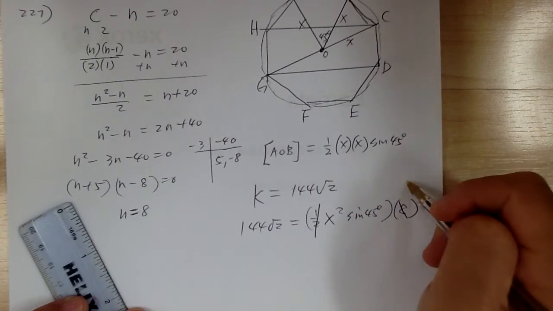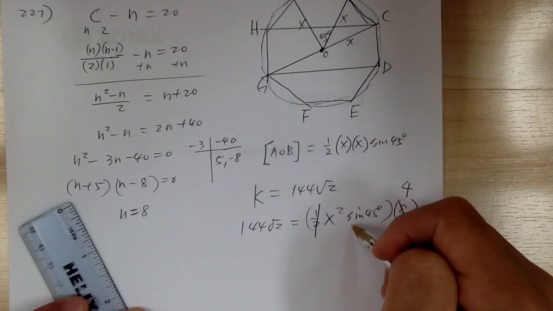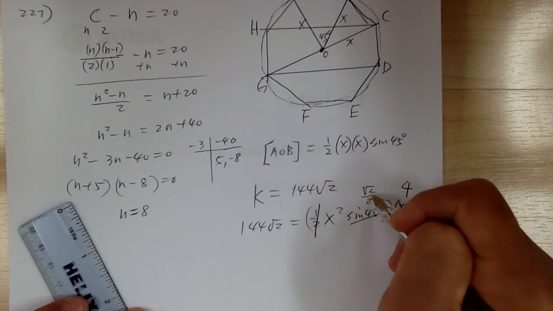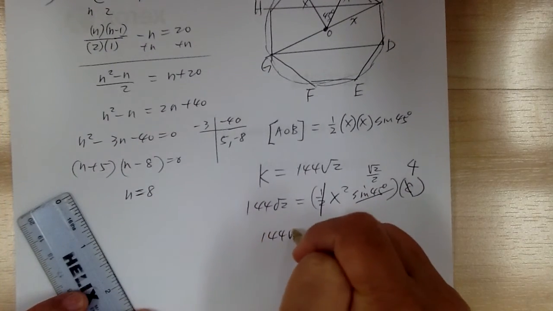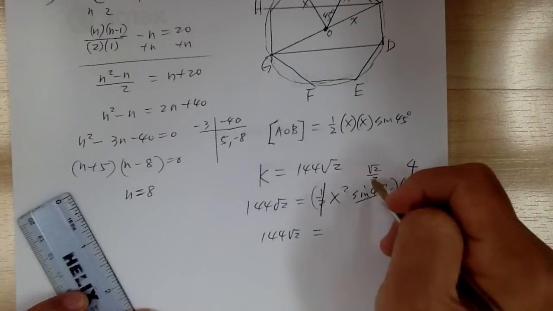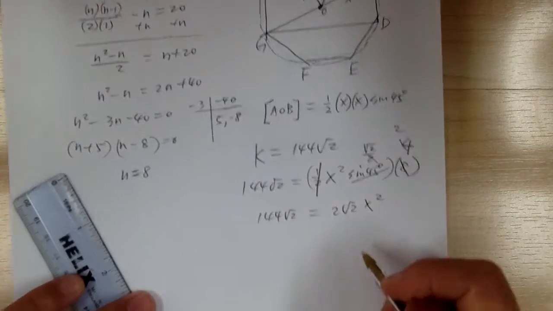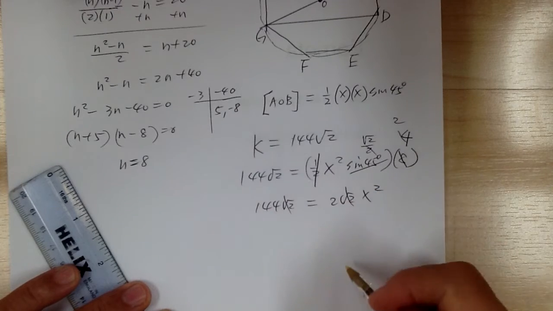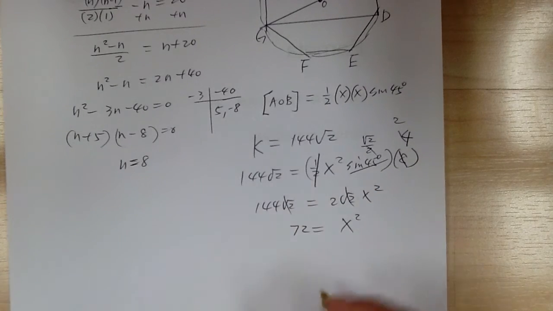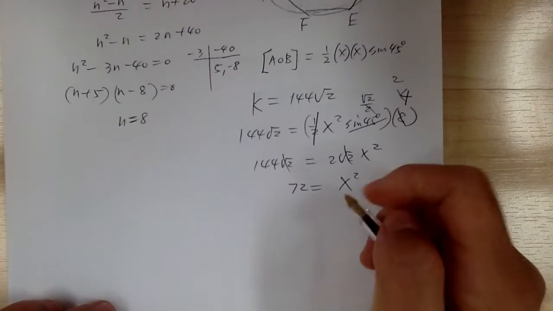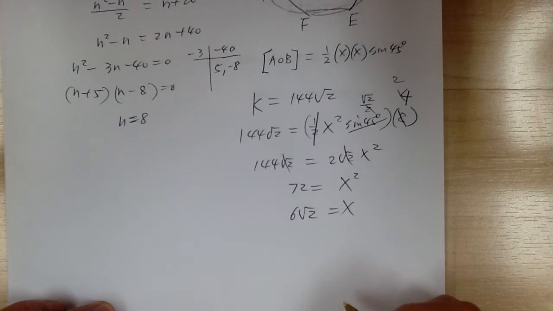This cancels with this to get 4, and the sine of 45 is square root of 2 over 2. So you've got 144 square root of 2 equal to 2 square root of 2 x squared. The square roots cancel, so x squared will equal 72, and x equals 6 square root of 2.